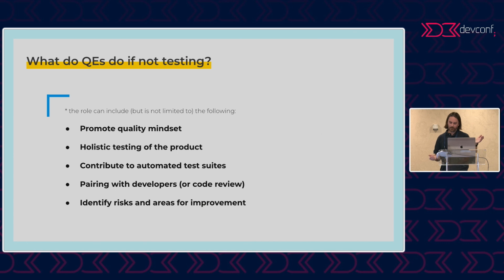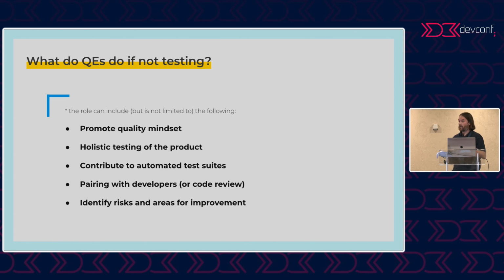Other things that quality engineers can do: obviously contribute to automated test suites, even write production code. On teams I've worked with, we've always been happy to receive contributions for production code as well as tests from quality engineers.